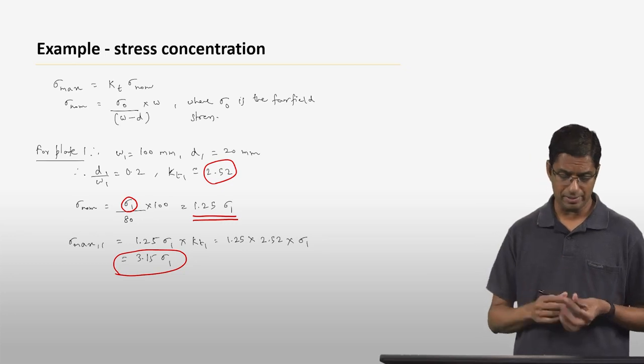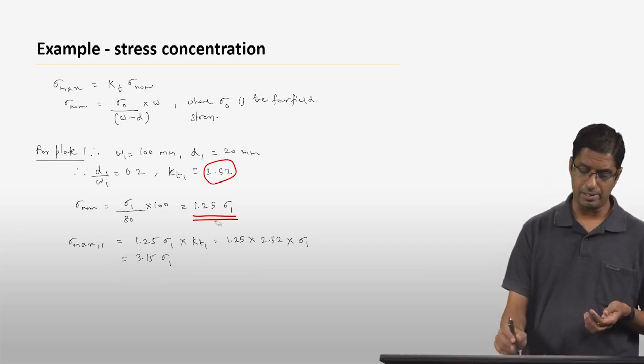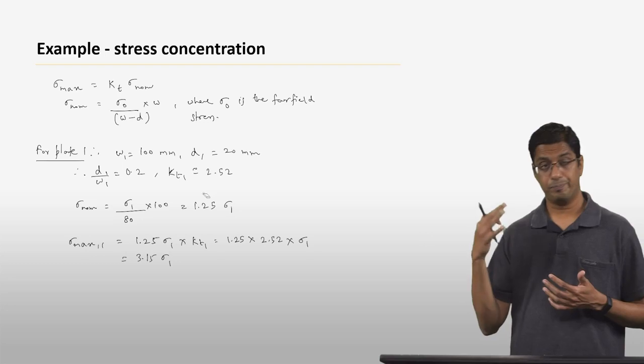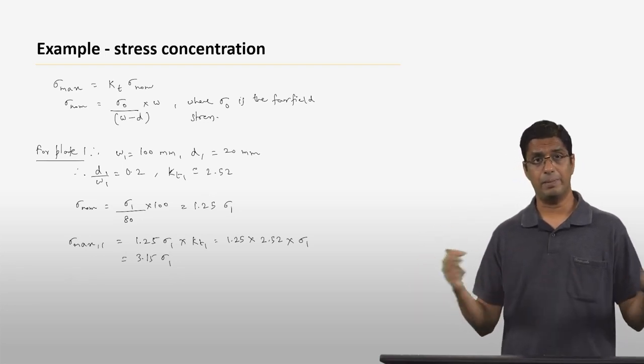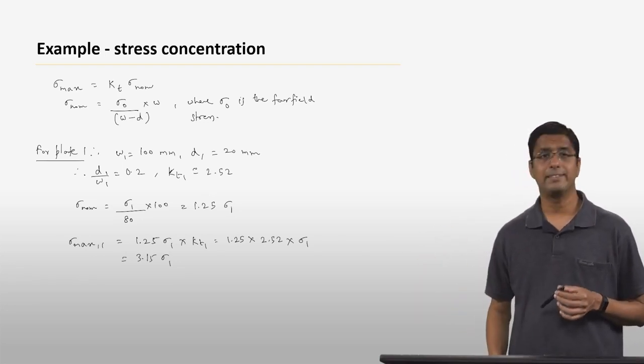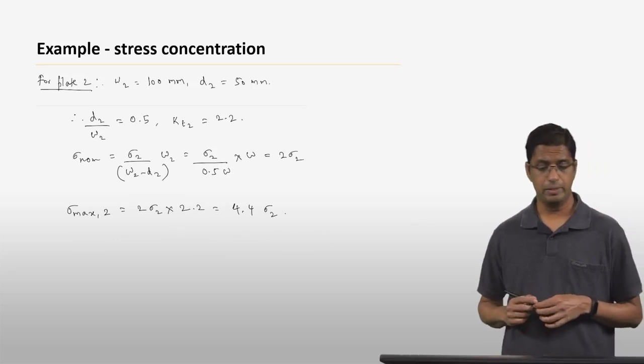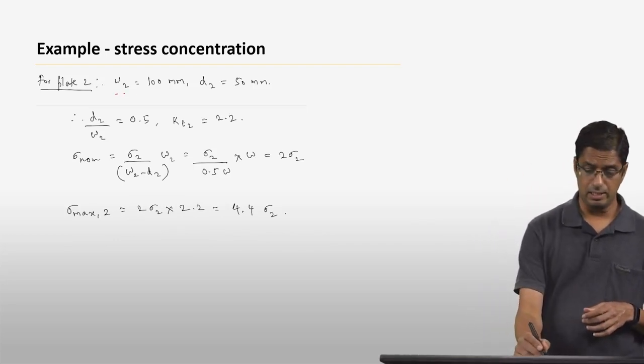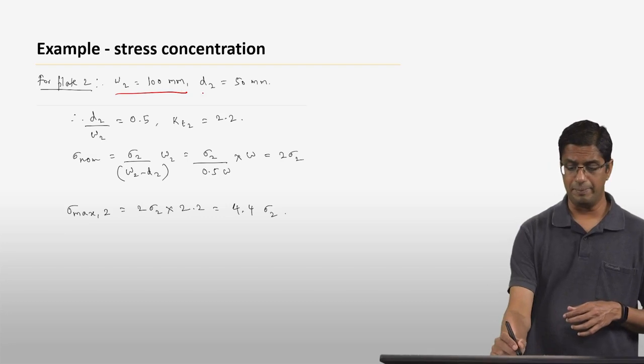Okay, so essentially what we have found out is the maximum stress in terms of the far field stress for plate number 1. Okay, we are going to do the exact same thing for plate number 2. Okay, in the second case, the width is still the same, but the diameter is larger.